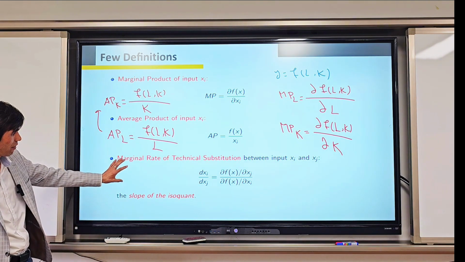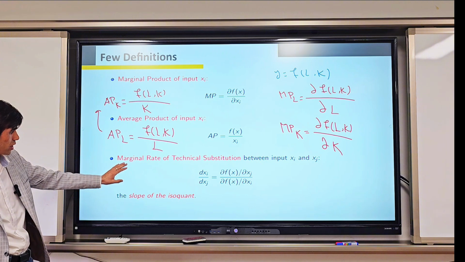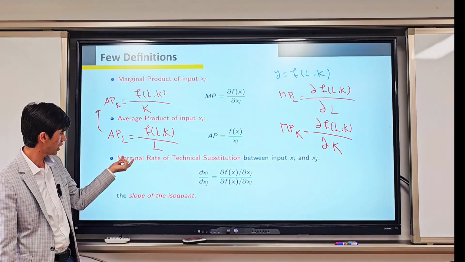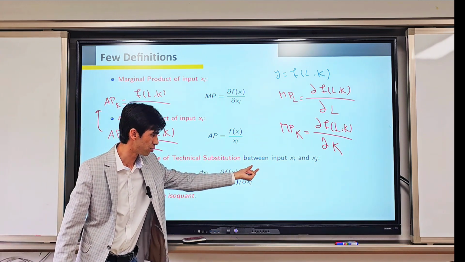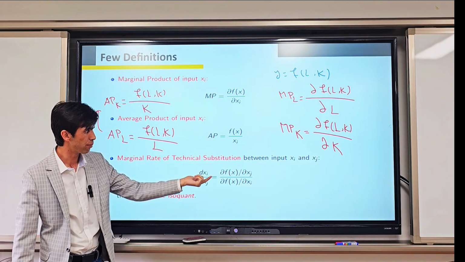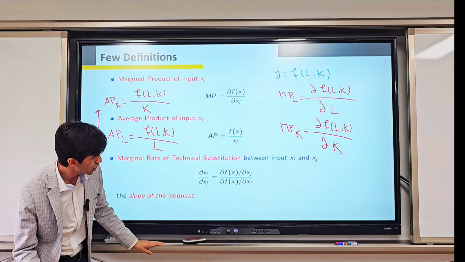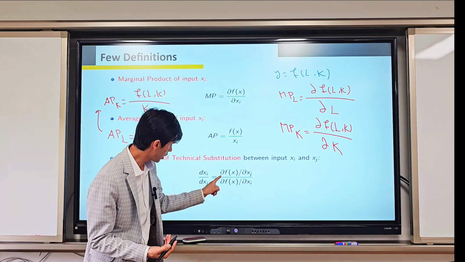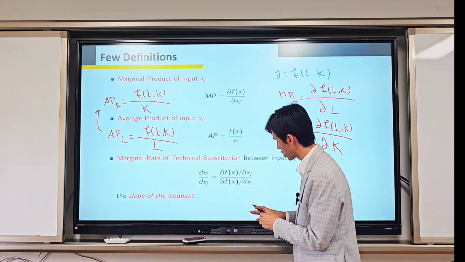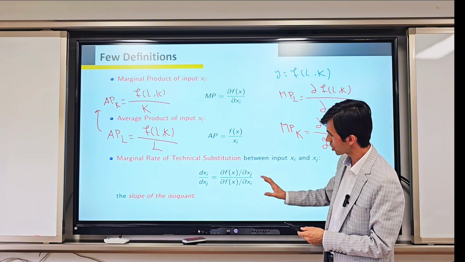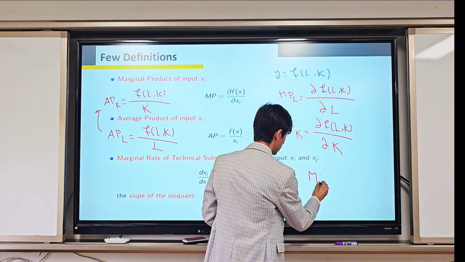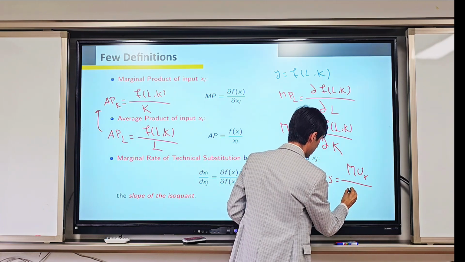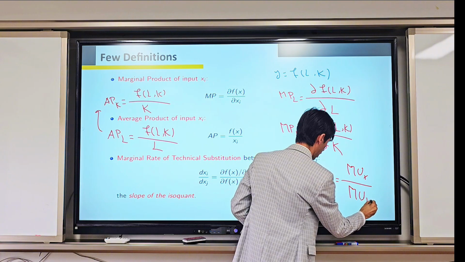There is a similar concept to what we have in consumer theory, which was the marginal rate of substitution. But for producer theory, we have the marginal rate of technical substitution between inputs x1 and x2, or xi and xj. These xi and xj can be labor and capital. In the consumer theory, the marginal rate of substitution was equal to the marginal utility of x divided by the marginal utility of y.